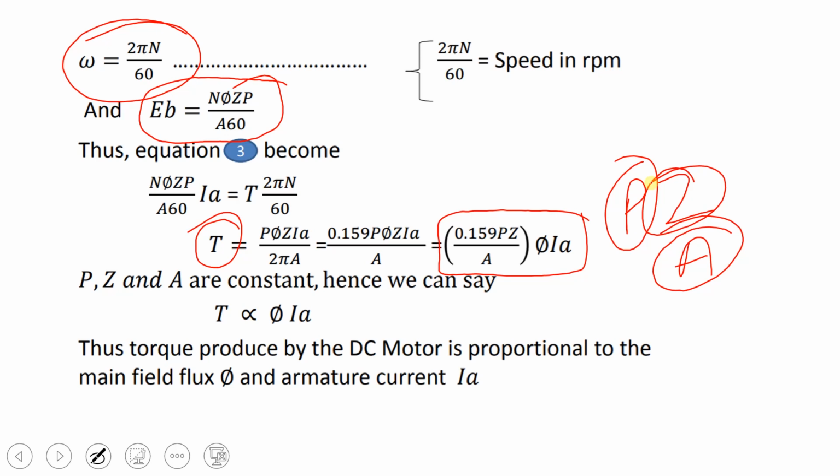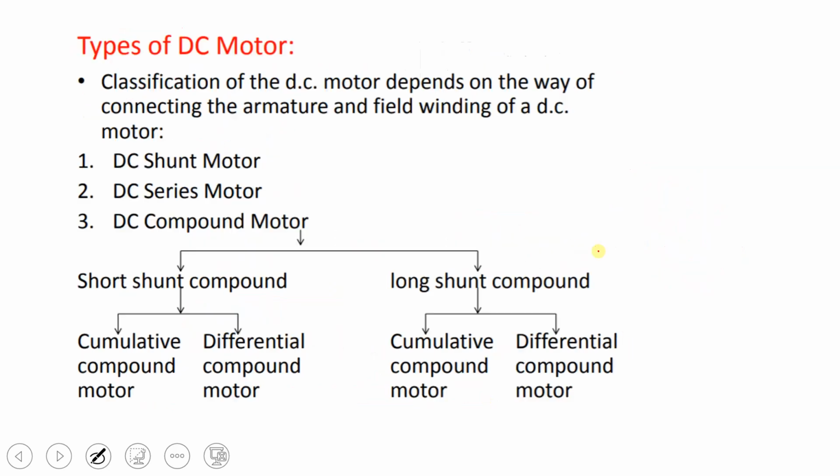So we can write T is directly proportional to phi Ia. Thus, torque produced by the DC motor is proportional to the main field flux, phi is the field flux, and Ia is the armature current. So, the formula for torque is given by this equation.